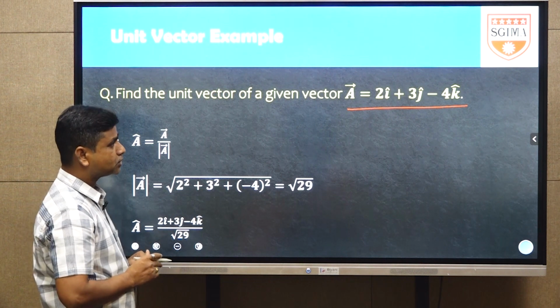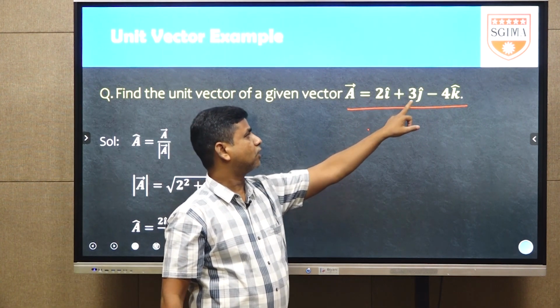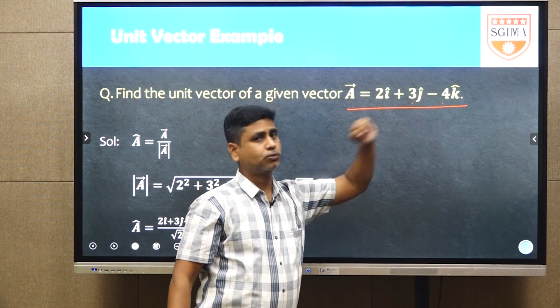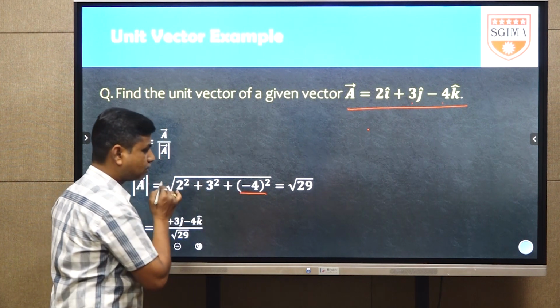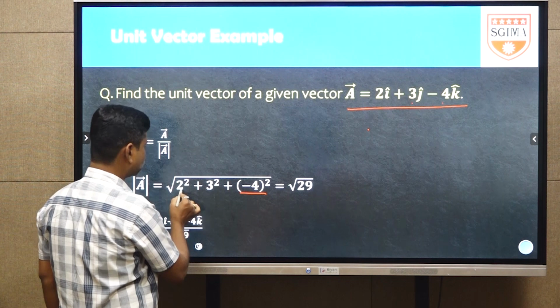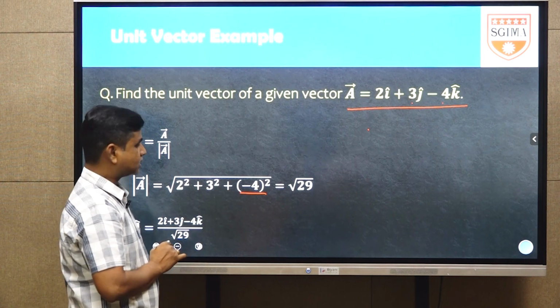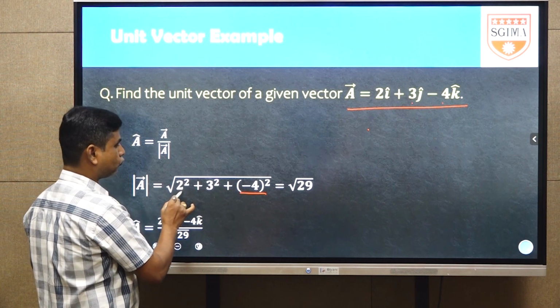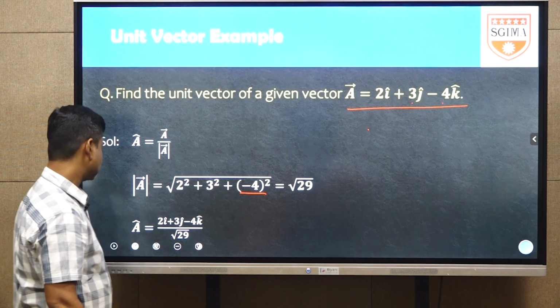For any vector, the magnitude is the square root of the square of the x component, the square of the y component and the square of the z component. The z component is minus 4, that is why I took minus 4 whole square. Adding: 2 square is 4, 3 square is 9, minus 4 whole square is 16. 16 plus 4 is 20, plus 9 is 29. Under root 29.